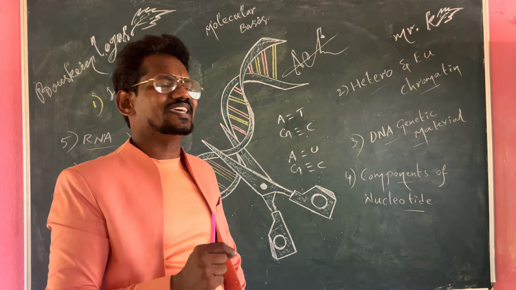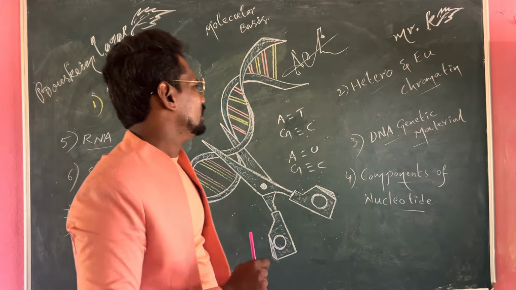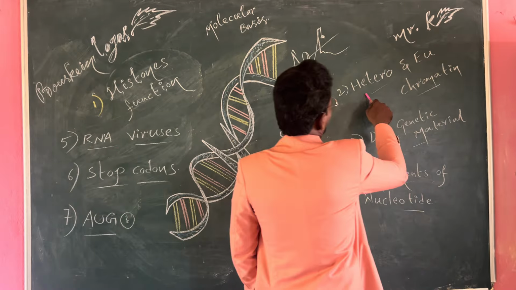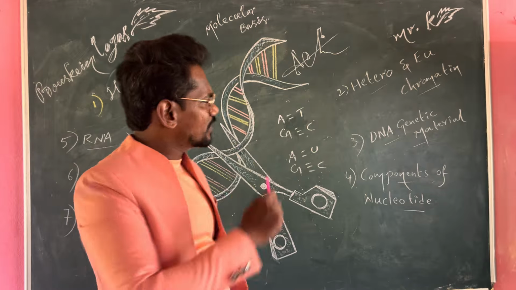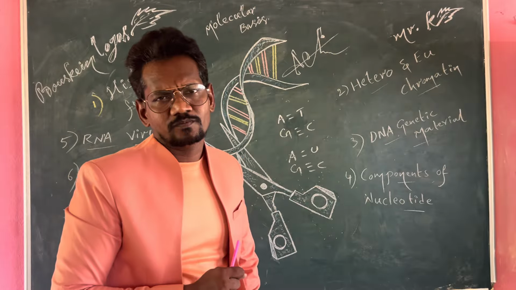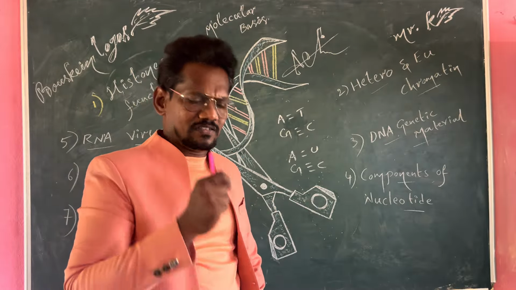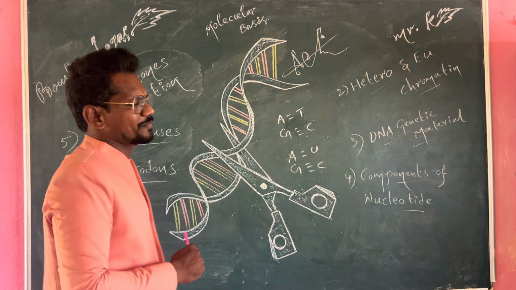Hetero is darkly stained, eu is lightly stained, and heterochromatin is transcriptionally inactive, but euchromatin is transcriptionally active. So these are the main differences between hetero and euchromatin.